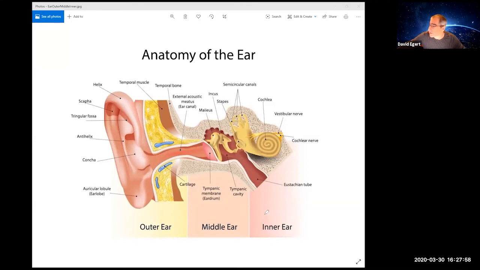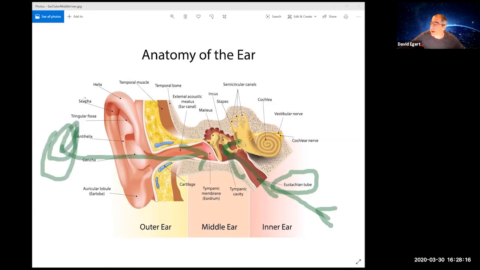So again, here, Eustachian tube. This is just in the back of the throat, coming up to here. Here's just the outside air coming in. So no matter whether the outside is getting higher or lower pressure, you just need to open this up.